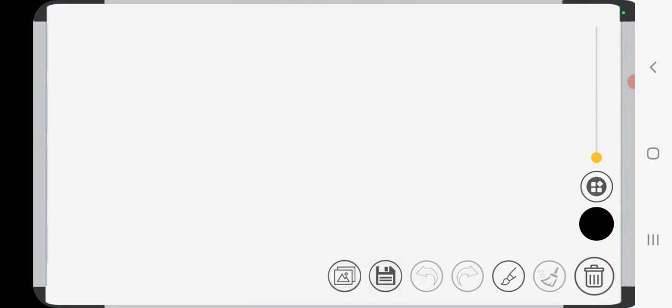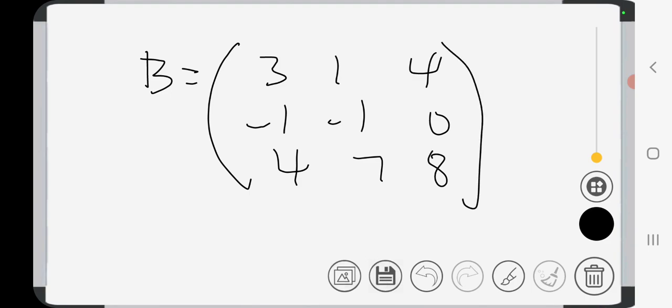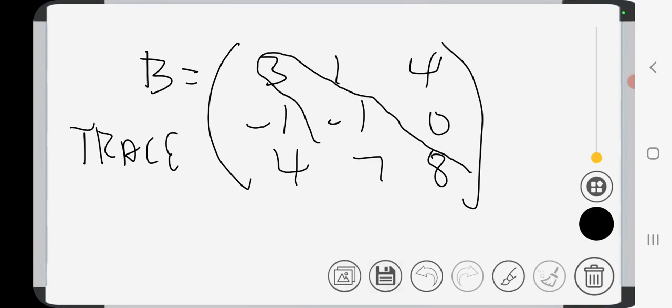Now, look at this square matrix. Let's say matrix B. We are having it as 3 1 4 minus 1 minus 1 0 4 7 8, and the question says find the trace of this matrix. To find the trace, just look at the elements along this diagonal, the one I've just picked here.